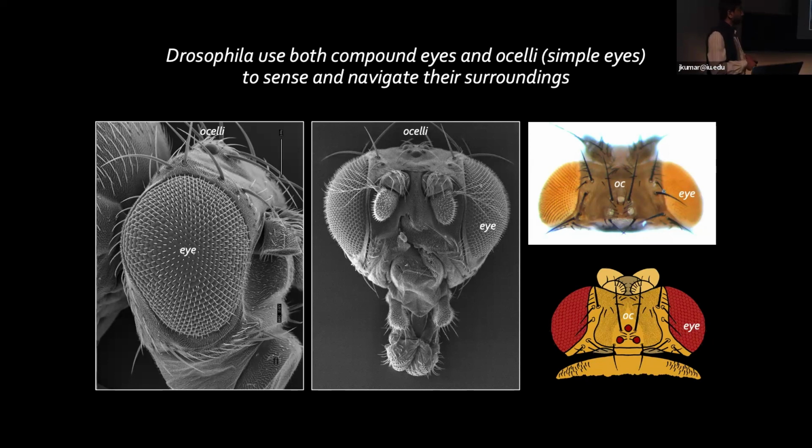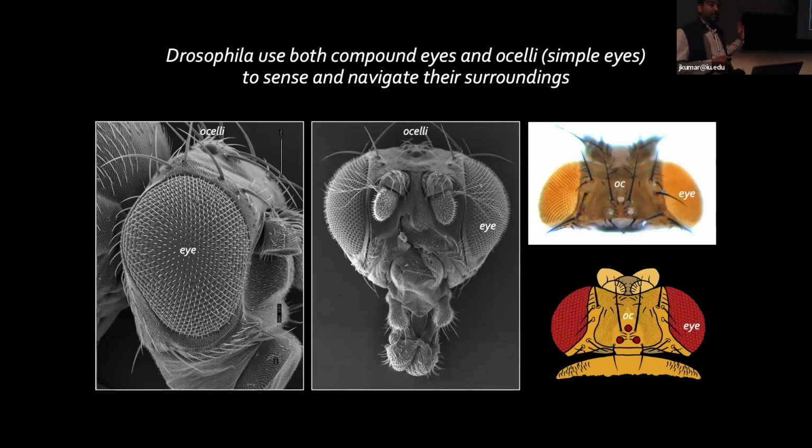And there are these three simple eyes on the dorsal vertex of the head, the ocelli. A little later I'm going to show you how they're anatomically very different from each other, how they have very different physiologies, and how they project their axons to different parts of the brain. There was a recent paper in eLife that suggested that the ocelli actually evolved first, followed by the compound eyes much later in evolutionary history.